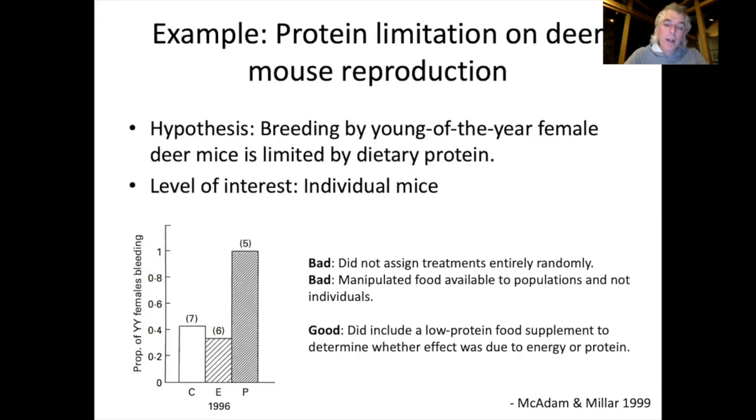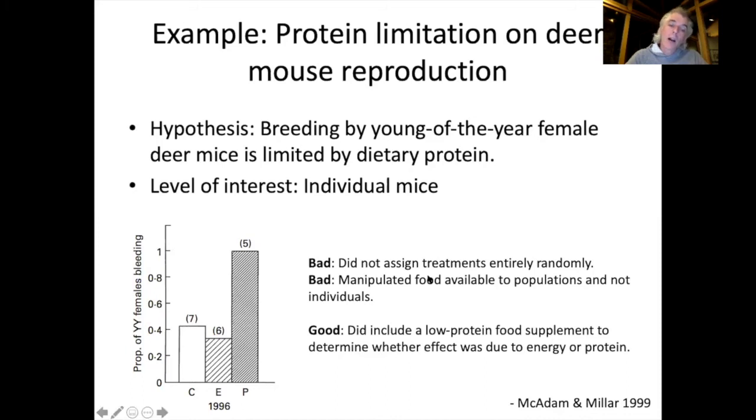Now, there were two ways in which this experimental design was not ideal, and one way in which I think I did a pretty good job of designing this experiment. First of all, in this experiment, my treatments were not assigned randomly. I did this experiment in the context of an ongoing long-term study of mice in Kananaskis, Alberta, and as a result, the long-term control populations could not be manipulated.